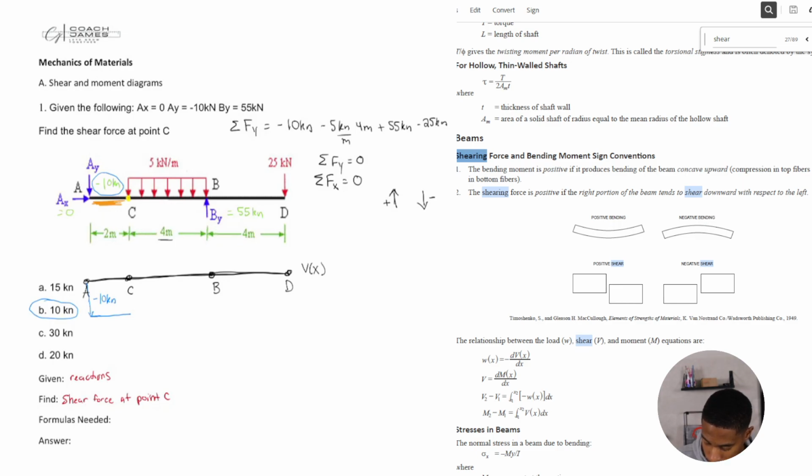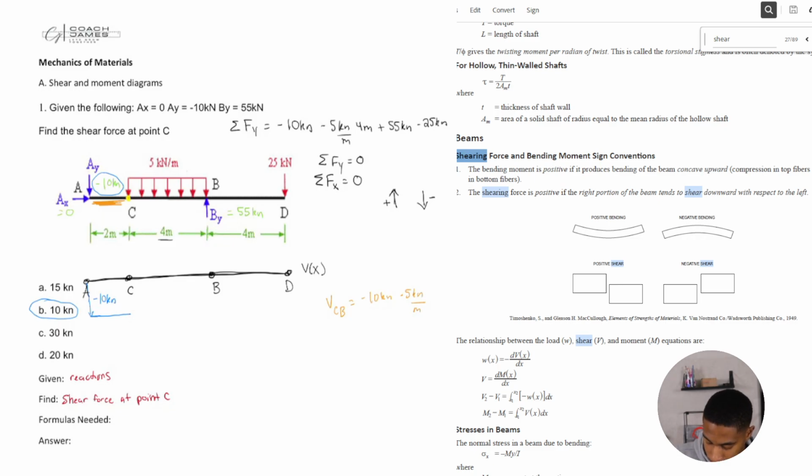So let's look at shear from C to B. And that is going to be equal to, well, we know at C we're at -10 kilonewtons, but it keeps coming down, right? So from C to B, we are continuing to go down 5 kilonewtons per meter.